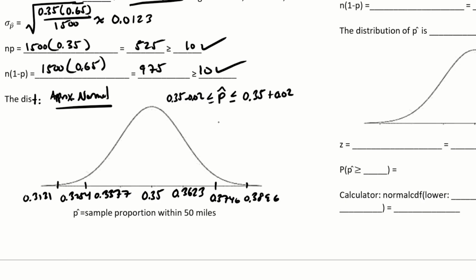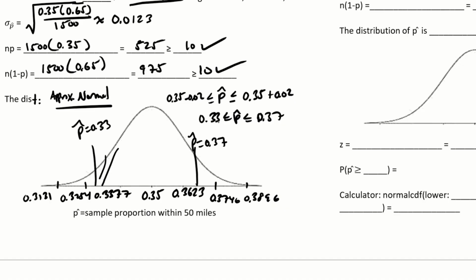So it's going to be between 0.33 and 0.37. Those are our two values. And it says within, so that means we're going to shade in between. All right, so that's our shaded region.